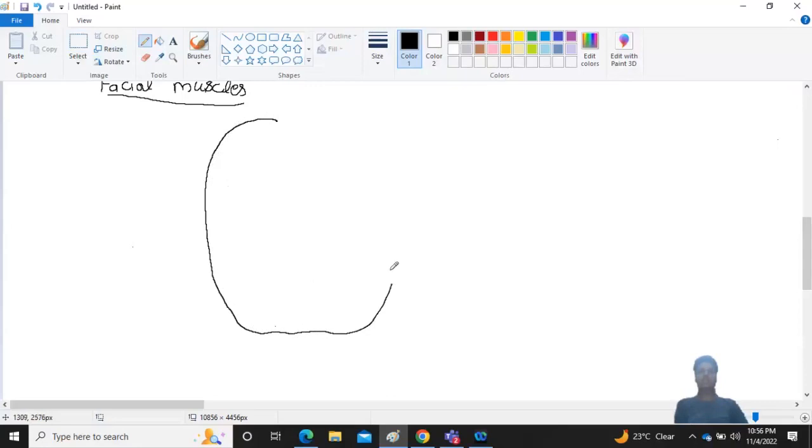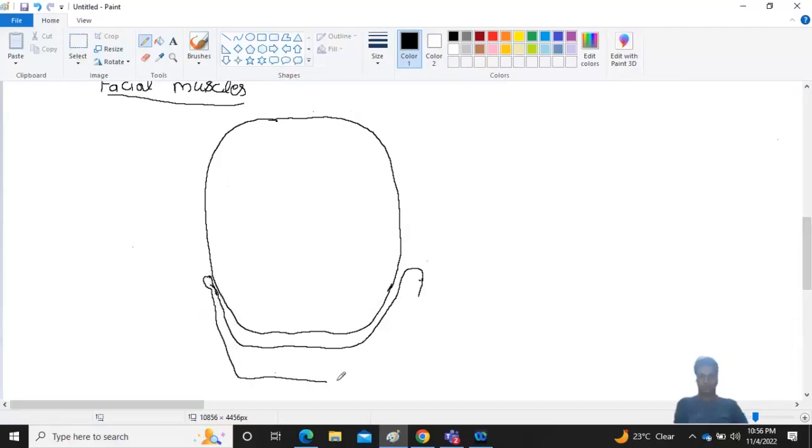Let's say this is our skeleton, skull. This is our skull. This is mandible. Anterior view. This is mandible. This is orbit.